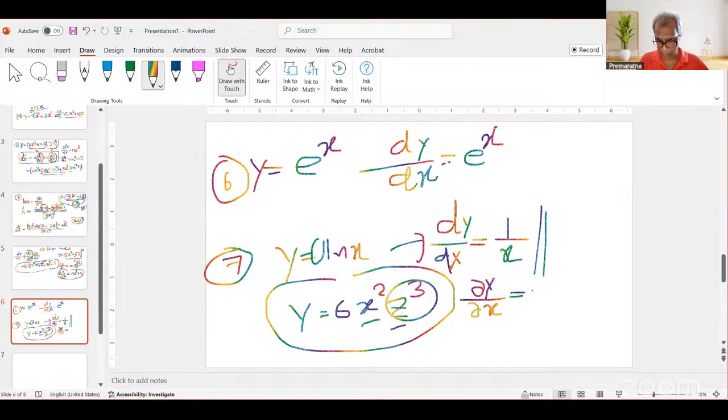The answer becomes 12 x z cubed. That symbol we can write like f_x also, because we differentiate with respect to x. Similarly, y with respect to z you can also do.